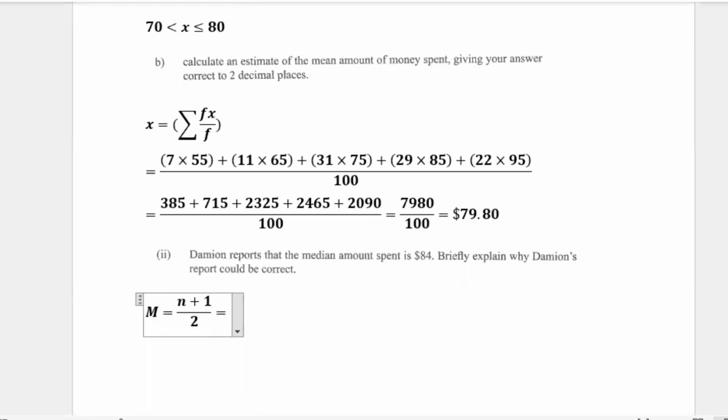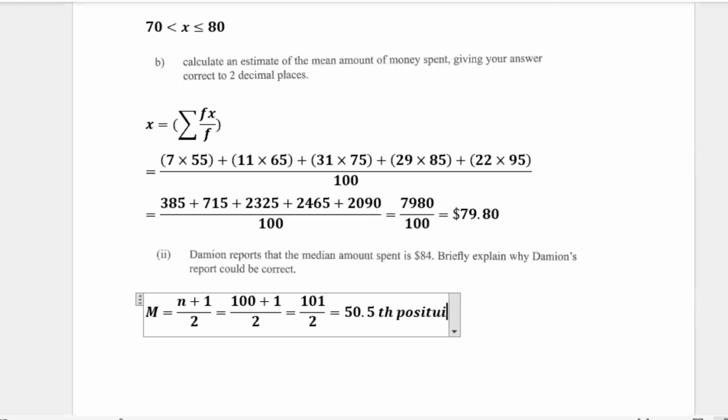So n is 100, which is the total number of students. So 100 plus 1 divided by 2, and this will give us 101 divided by 2, which is equal to 50.5. So our median value is in the 50.5 position. So this is what this median formula gives us, the position.